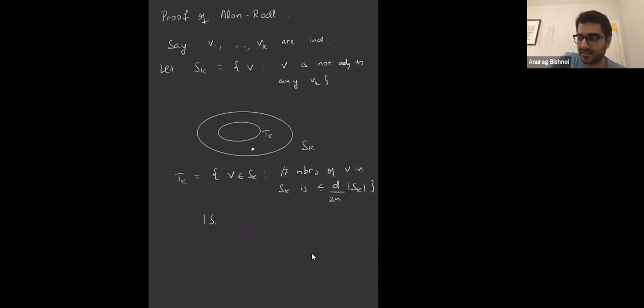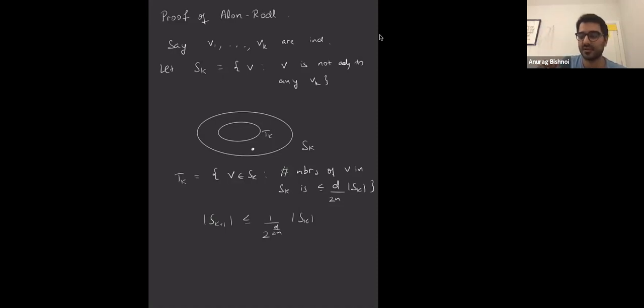So the cardinality of S_{k+1}, you can show, becomes something like d over 2n times S_k. So if you pick an element outside T_k, then the set of choices you have shrinks by a lot.